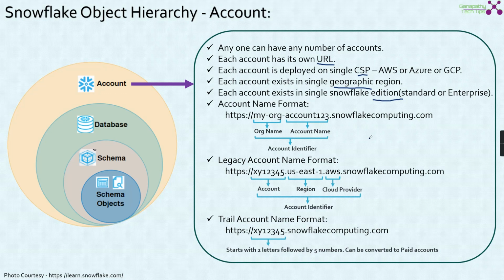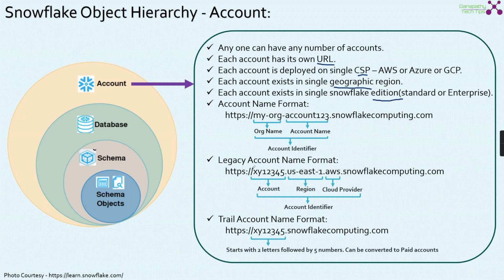Now coming to the account name format, this is the one which is newly introduced by Snowflake, so this needs to be clearly understood. You can see HTTPS followed by the organization name followed by the account name .snowflakecomputing.com. The organization name and the account name combined are identified as the account identifier.